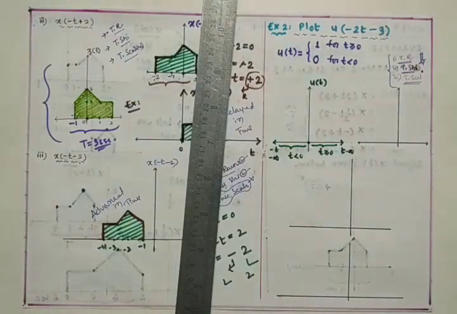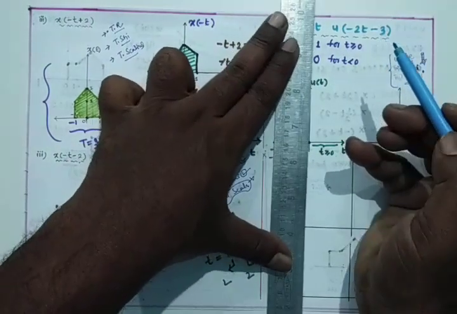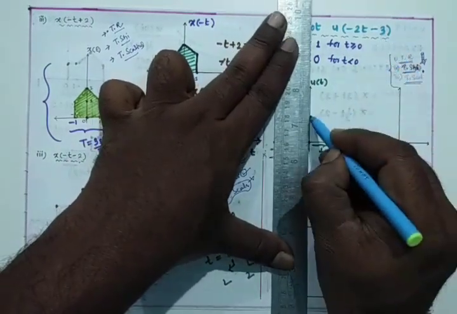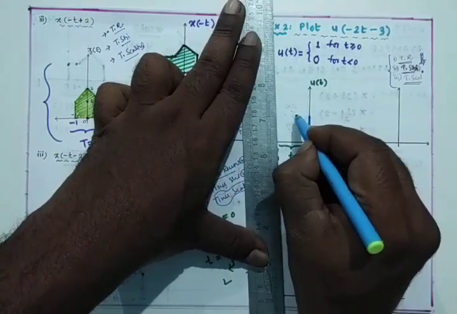For t greater than or equal to 0, the signal amplitude is 1. That means from 0 onwards the signal amplitude is 1.